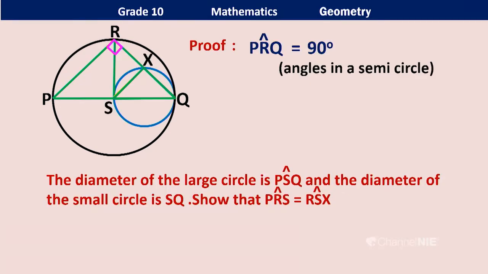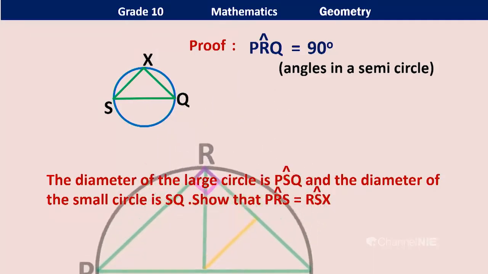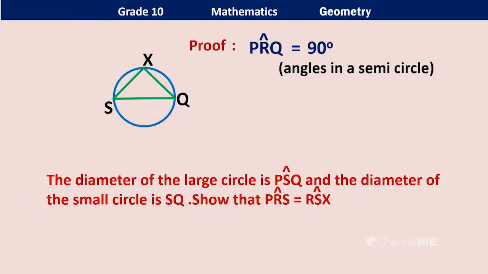Now, once again we will move on to the figure. There you can see the small circle. The diameter is SQ. So, what can you say about the angle SXQ? Once again, it is an angle in a semicircle.